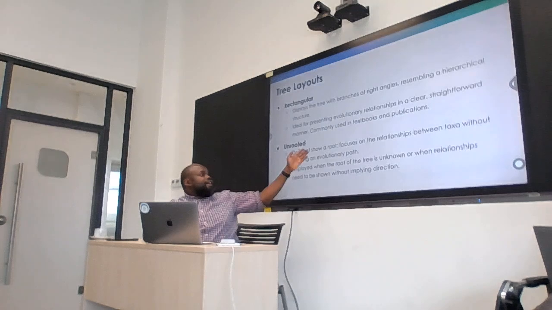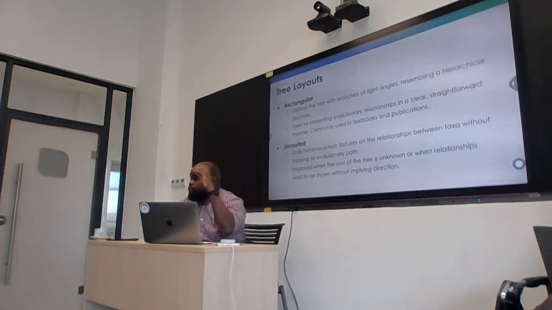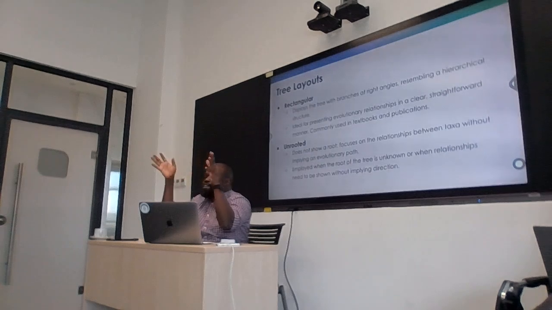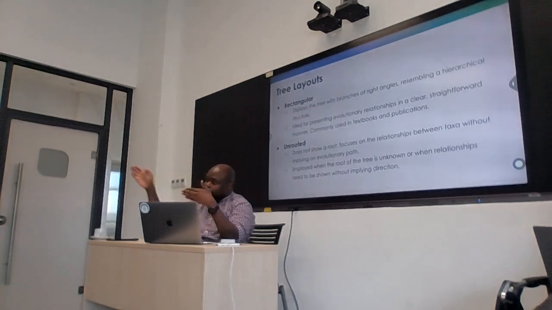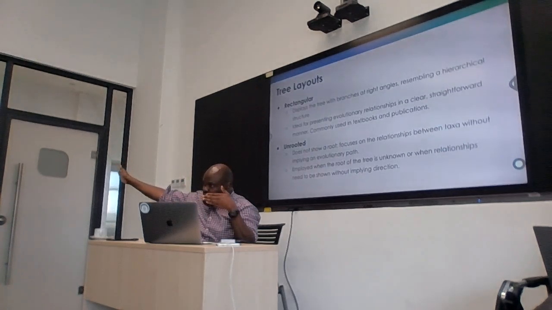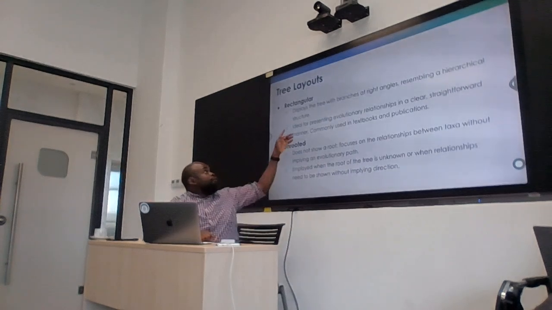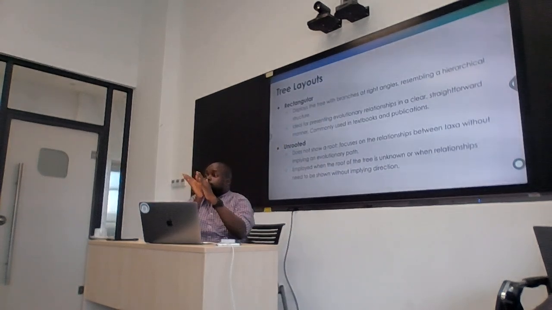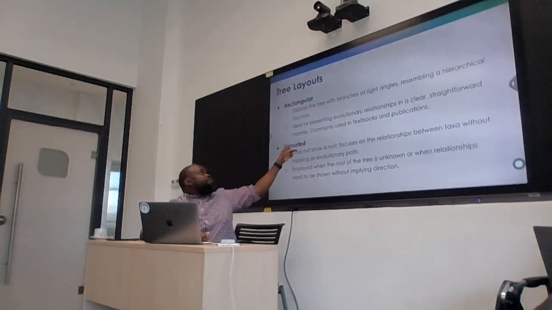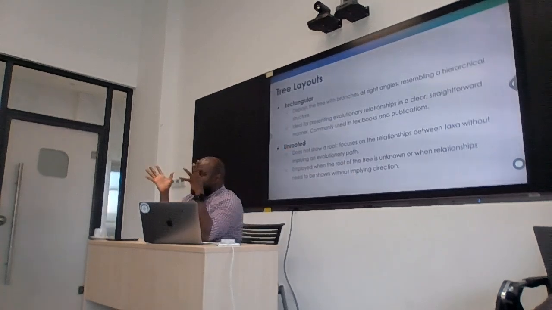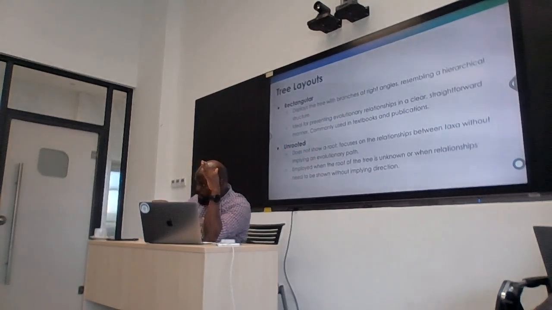For the unrooted, we said you don't put a root because you want to focus on the relationship between taxa without looking at the direction of evolution. With the rectangular, you can often see that direction.